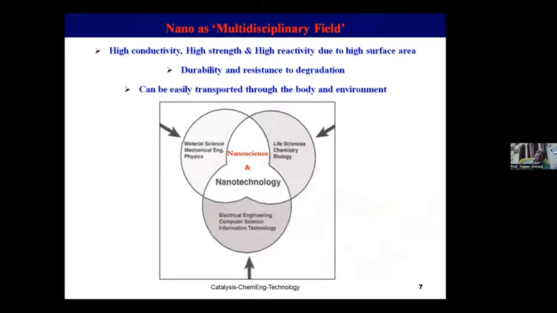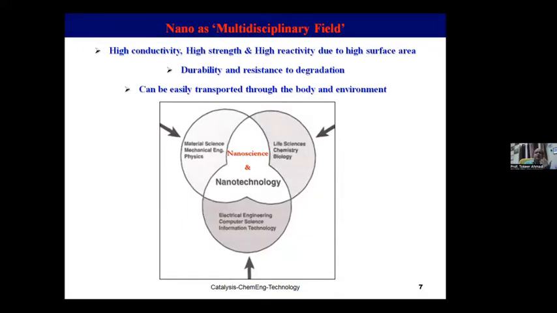So in this slide I am showing that nanoscience or nanotechnology is called a highly interdisciplinary or multidisciplinary field. Why? Because the nanomaterials exhibit different or enhanced properties like high conductivity, high strength, high reactivity. Their durability and resistance towards degradation is very high, and because of their small size, they could be easily transported in a variety of matrices.